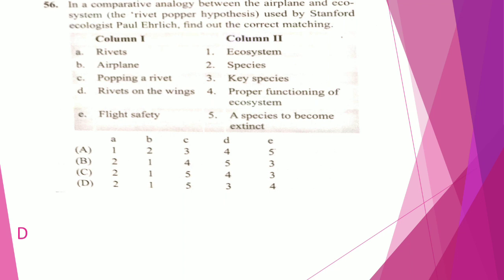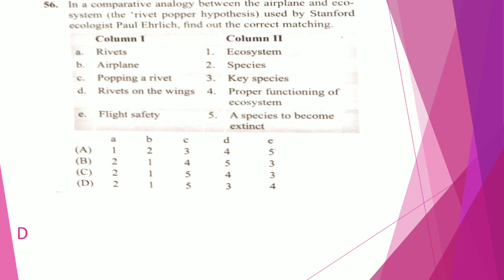The whole aeroplane is in a dangerous condition. Likewise, when you take the ecosystem, if some trees or organisms are lost, the whole system of the ecosystem will be in a condition of utter loss. This concept was told by the scientist Paul Ehrlich, the Rivet-Popper hypothesis.